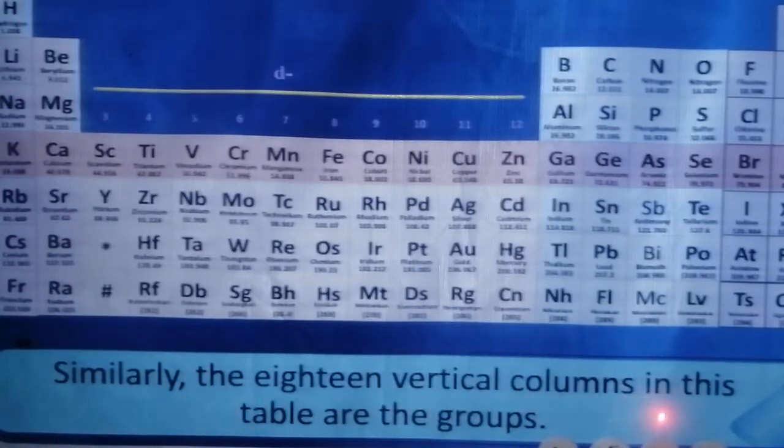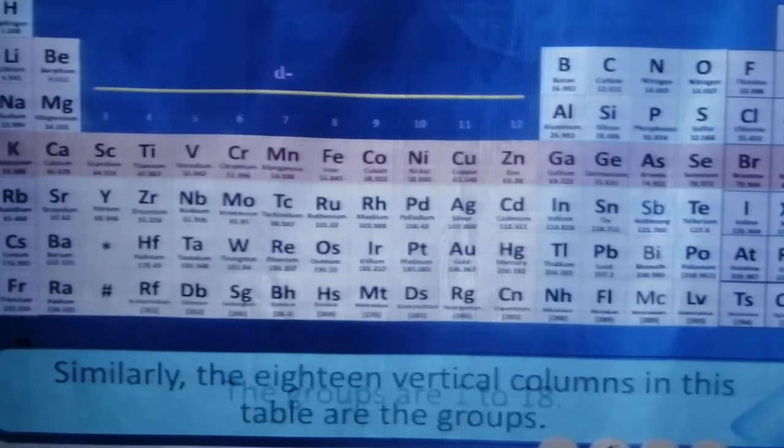The vertical columns number 18 and are called groups; the horizontal rows number 7 and are called periods. In Marathi, period means avartan and group means gan. There are 18 groups and 7 periods.